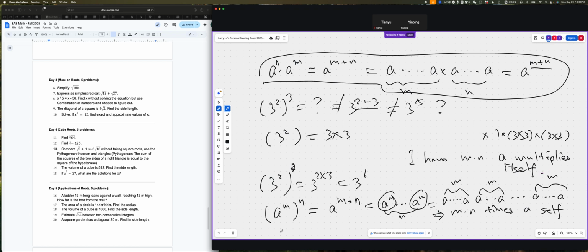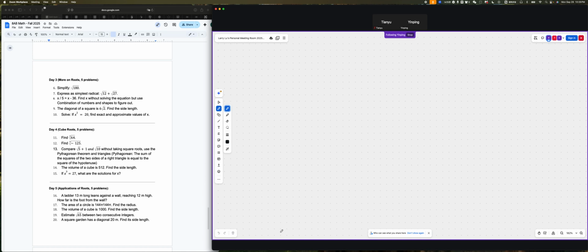Okay, now since we know the power, then we know what the square root and the cubic root are. For example, 3 to the power 2 equal to 9. 9 can be written as 3 times 3, so the square root of 9 equal to 3. Why?